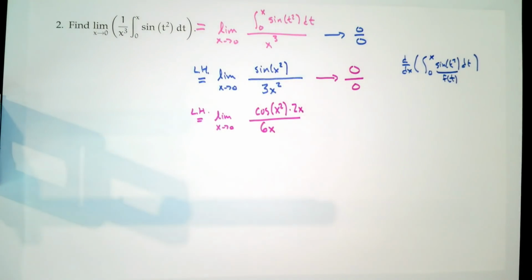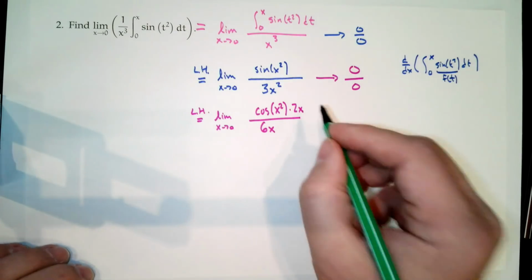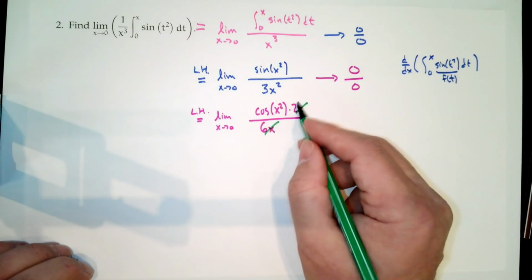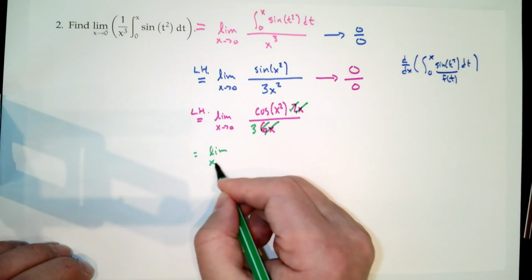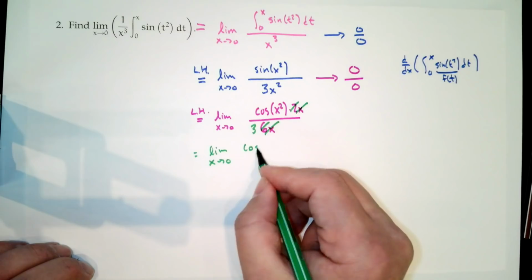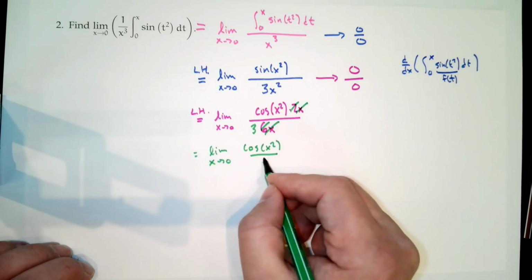But wait a second, we can be smart here. Remember, you're smart people. And smart people always look for algebra and maybe a little bit of trig on the side. What do you see here? What's the algebra thing we can do? We can cancel out some 2x's. So, I can cancel an x. I can even divide the 2 into 6 and say, really, this is the limit as x goes to 0 of cosine of x squared over 3.